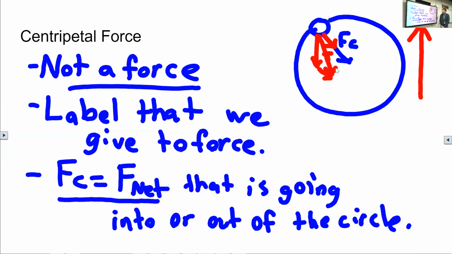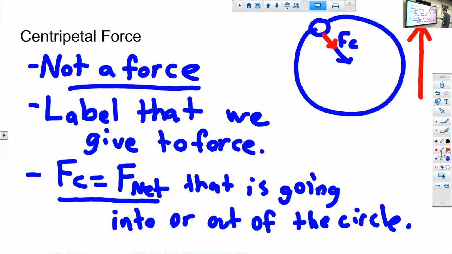So if you add in all the other forces, it can get kind of complicated. When you're talking about the centripetal force, it's only talking about forces that are going toward the center of the circle or away from the center of the circle. So positive, you add them up if they're going toward the center, and negative if they're going away. Simple enough?